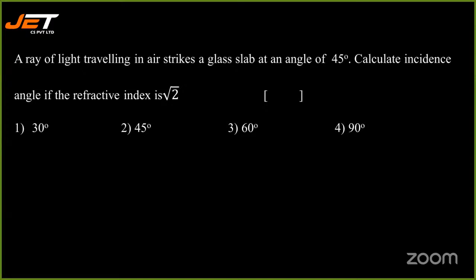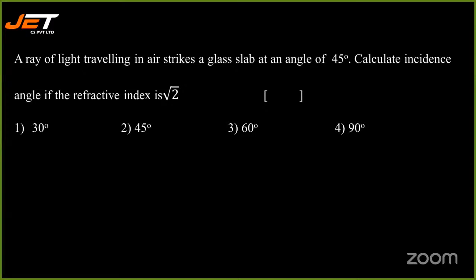So simple, calculate in your notes. I'm just giving you clues. So when we calculate, it will be √2 by 1 is equal to sin r by sin 45.